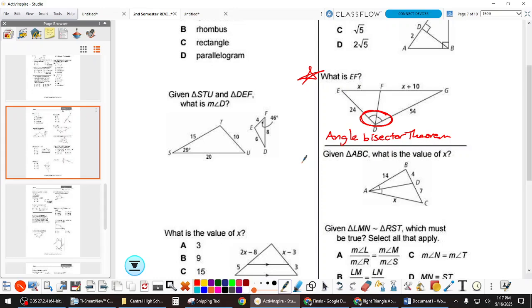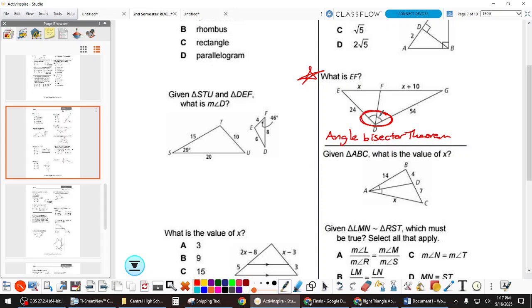This is the mountain one. Good job. It's just upside down. So that was what we talked about, how to recognize this scenario is the mountain. Snow on the mountains, yep. So what was true about snow on the mountains, angle bisector triangles? If an angle of a triangle is bisected, it divides the sides proportionally.